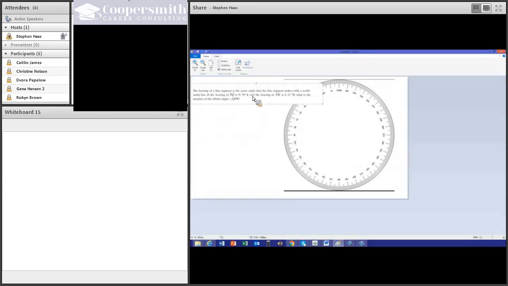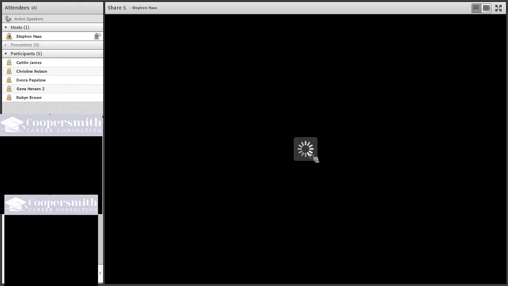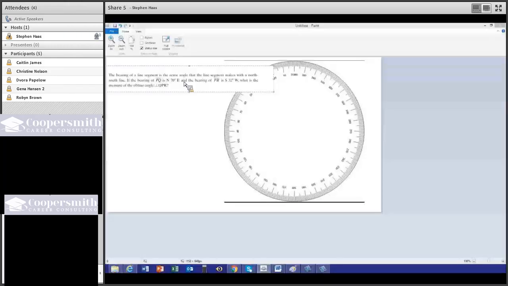I have an idea. Let me make this a little bigger so that you can see it a little bit better. Can everybody see the Microsoft Paint over here that I have? I just tried to make it a little bit bigger, so hopefully that'll help. All right. The bearing of a line segment PQ is the angle that it makes with the north-south line. Okay.